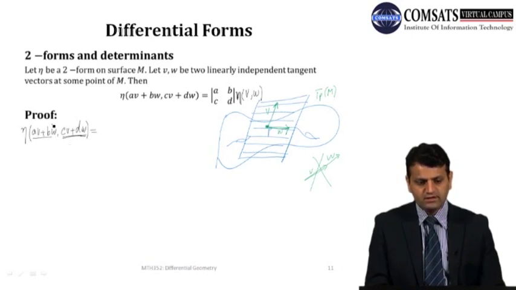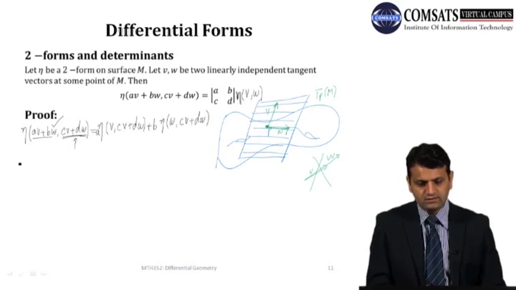So अगर ये linear है in the first coordinate तो इसका मतलब है second को मैं fix रखूँ, जो second coordinate है इसको मैं fix रखूँगा और ये linear हो जाएगा with respect to the first. So this is A into eta V, CV plus DW plus B into eta W, CV plus DW.